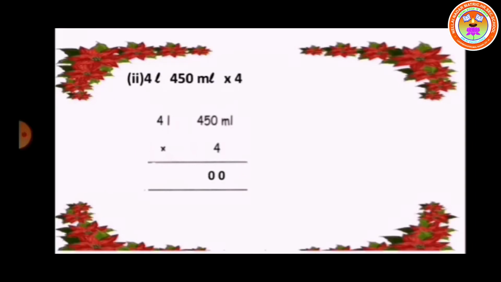Here we'll write 0. 2 should be forwarded to the next digit. 4 4s are 16, 16 plus 2, 18. Here we'll write 8. 1 should be forwarded to the next digit. 4 4s are 16, 16 plus 1, 17. So the answer is 17 liter 800 milliliter.